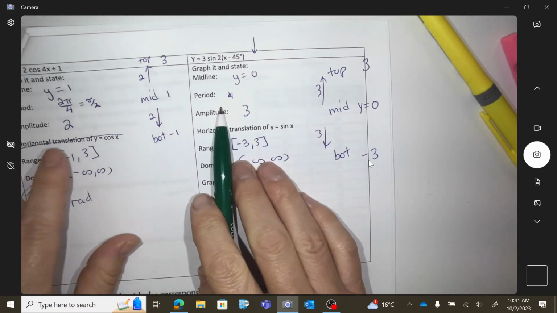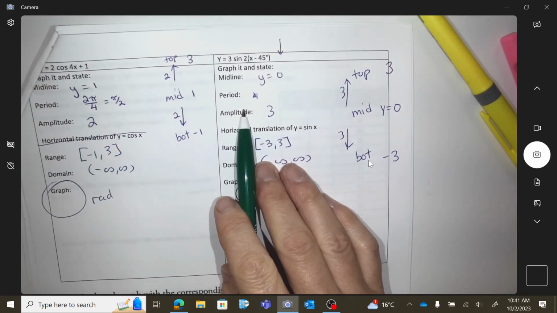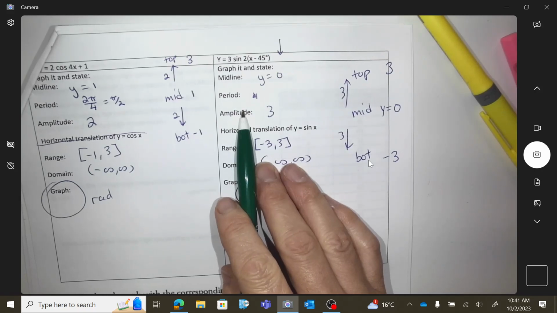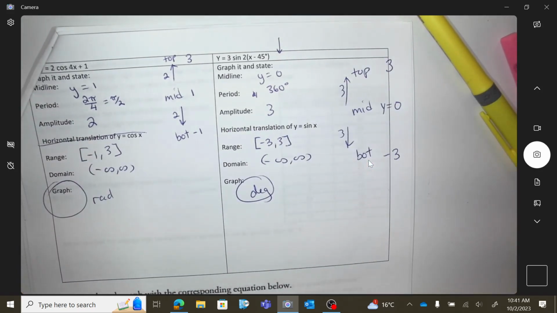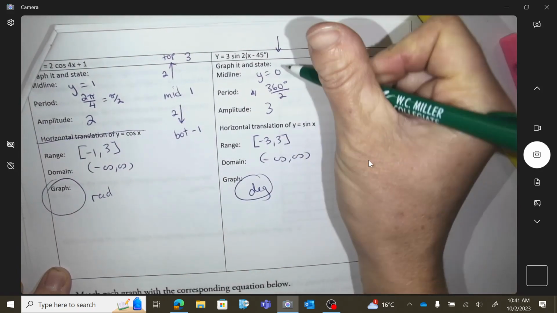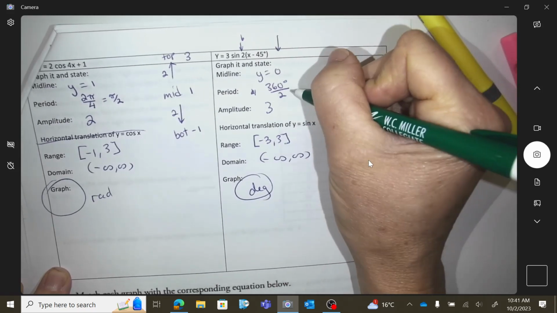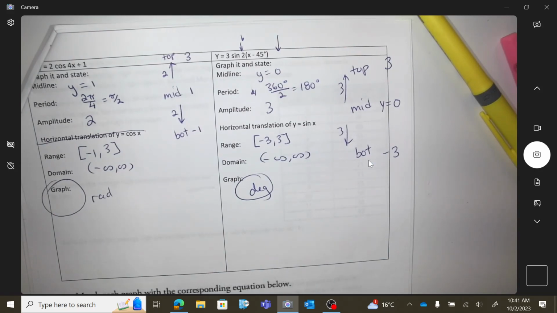Okay, so period is 2 pi over b, but I don't want to talk about 2 pi anymore. What's the replacement of 2 pi? 360 degrees is a circle divided by b. So this is a b. So it would only take me 180 degrees to make it through a cycle instead of 360.